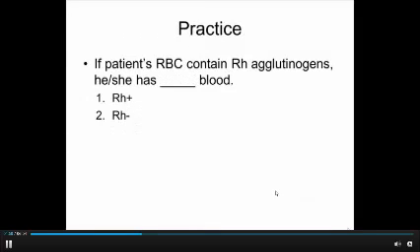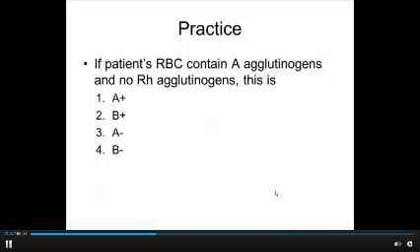So for practice, let's try to determine what kind of blood this patient may have. Rh agglutinogens found on the red blood cells, so that is Rh positive blood. Very good. One more. Now let's make it a touch harder. Let's combine ABO groups and Rh groups in one problem.